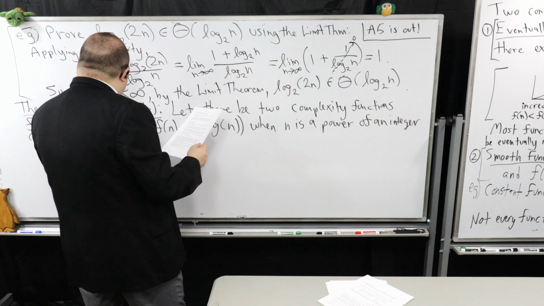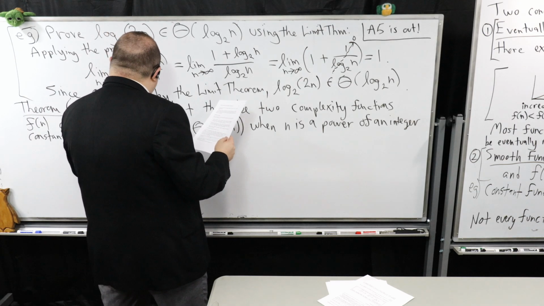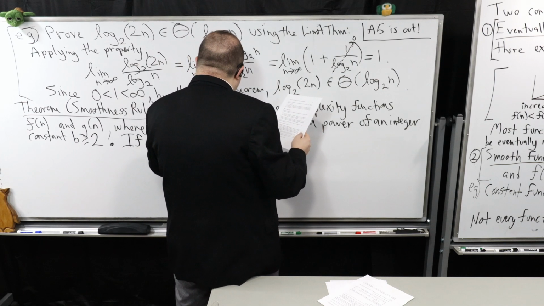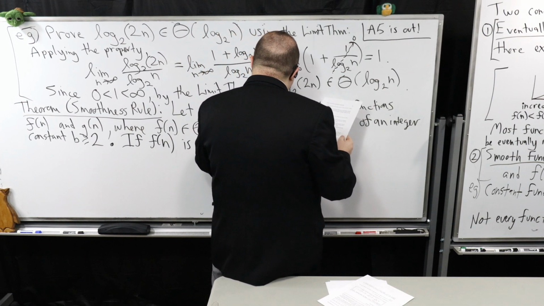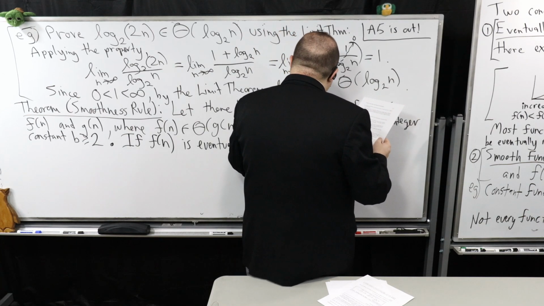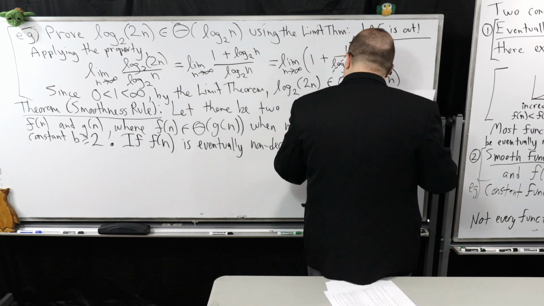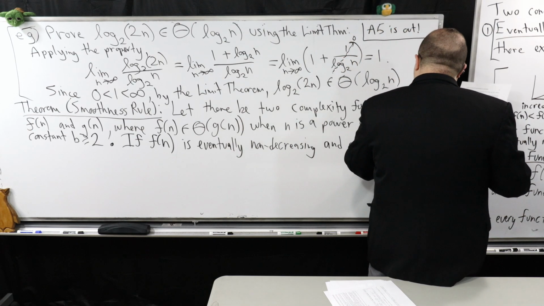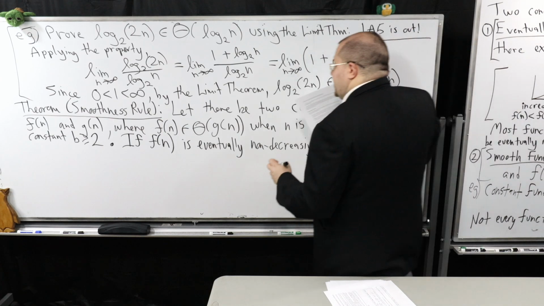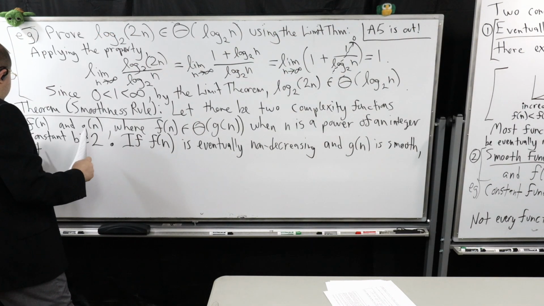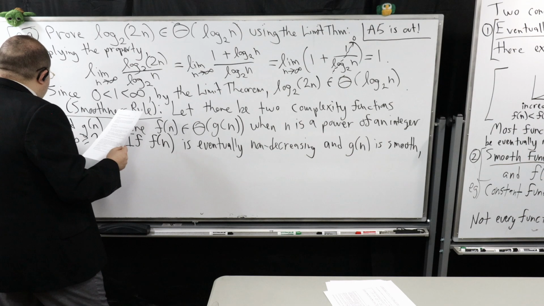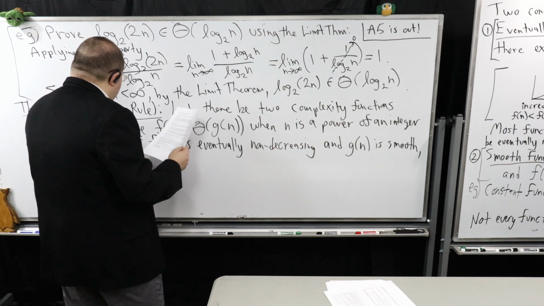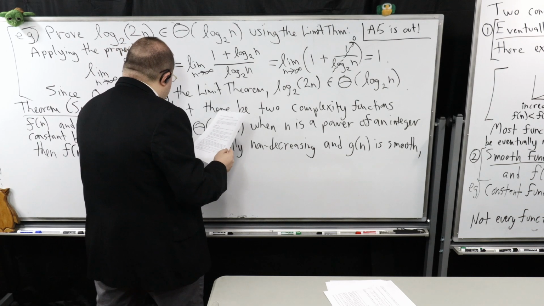So here's the statement of the smoothness rule. If f is eventually non-decreasing and g is smooth, then f is big theta of g unconditionally.